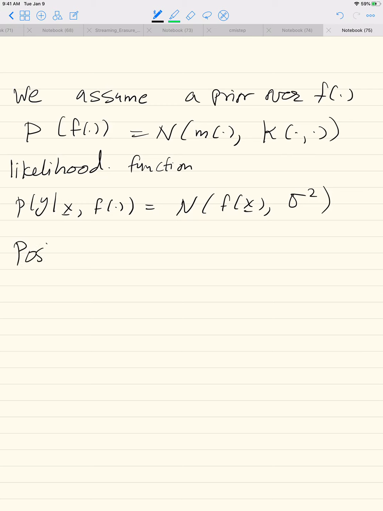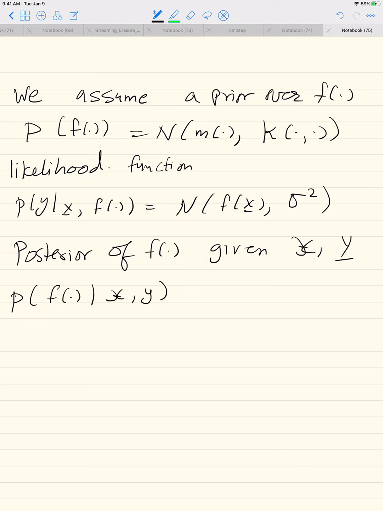The posterior of f given our data set, so the data matrix and the observation vector, p of f given x and y, is a Gaussian with again some mean and some covariance function.